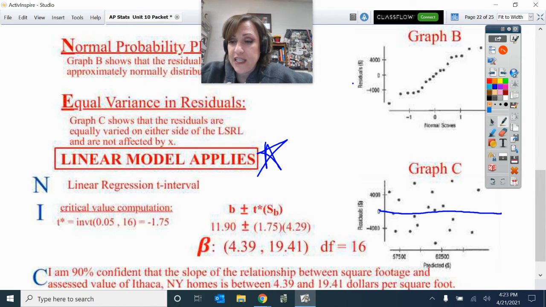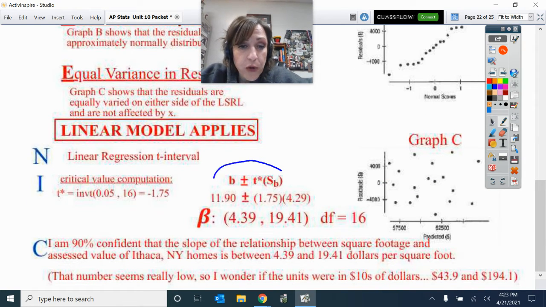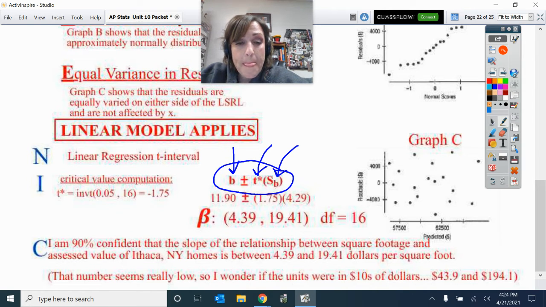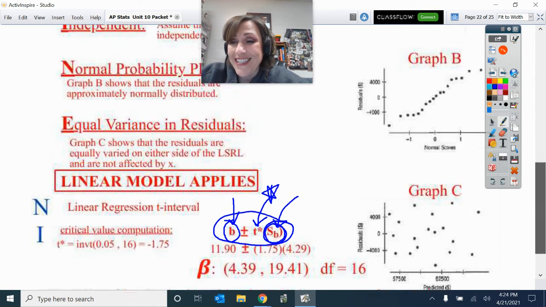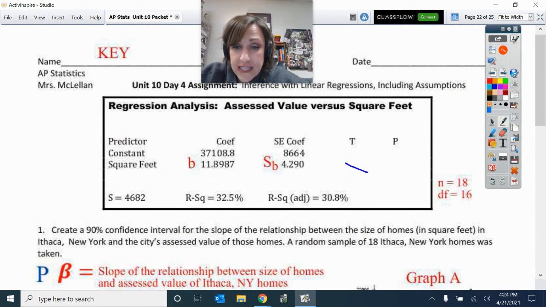It's a linear regression t interval, so I'm going to go and compute this. Remember this formula for a confidence interval: my sample slope plus or minus the critical value times the standard deviation of the slope. Of course, the sample slope and the standard deviation of the slope are up in the computer printout. But this critical value, I do have to put some thought into. It is not a t-score given to me right here.